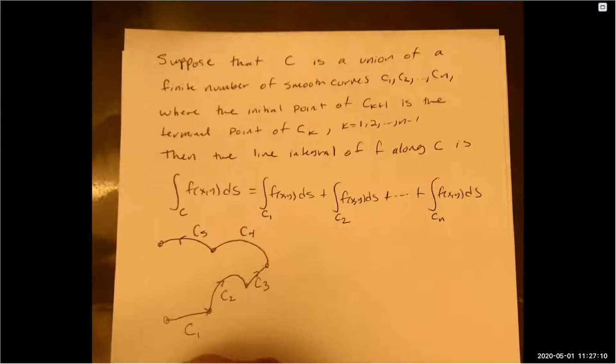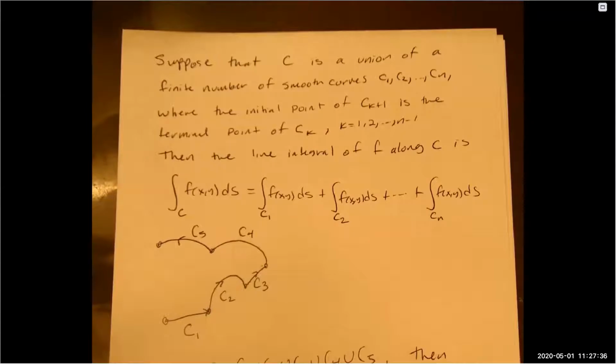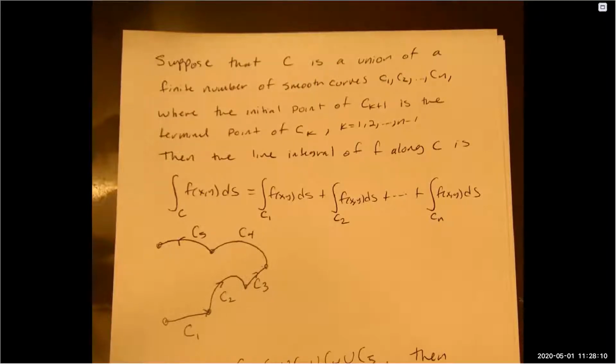And so in this particular instance, if C is equal to C1 union C2 union C3 union C4 union C5, then the integral along C, and we have that.